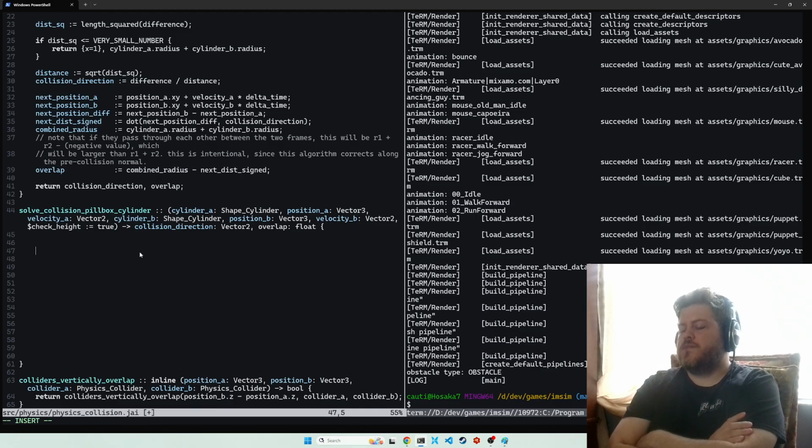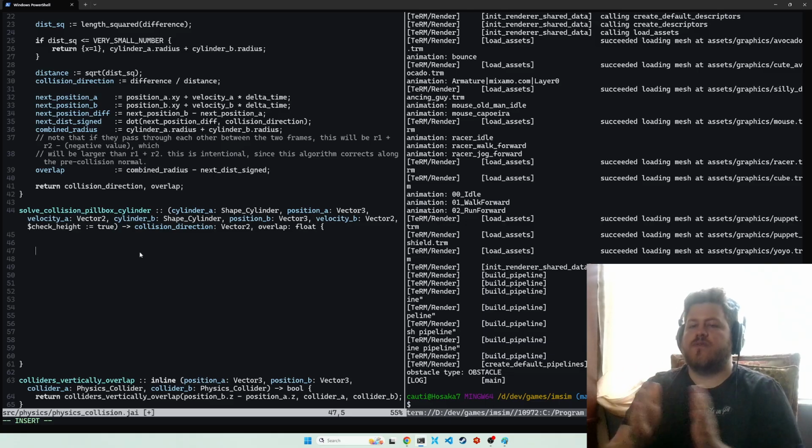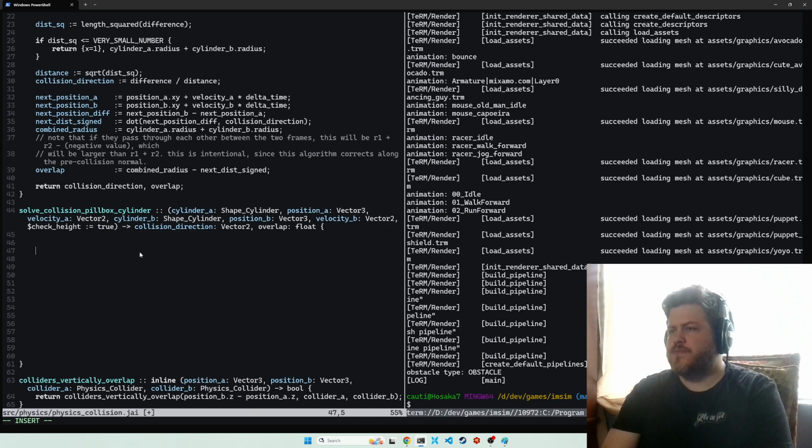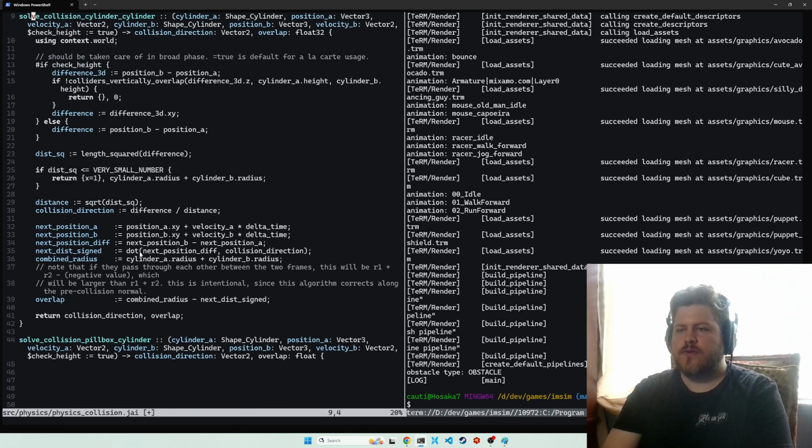Basically, you're solving with two separate cylinders, as well as just the sides of the box. You don't really care about the front of the box. So probably don't need to, yeah.